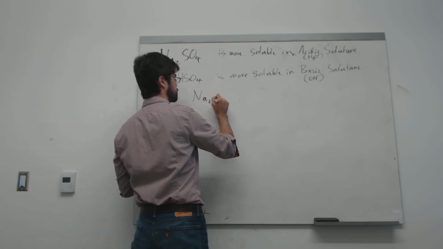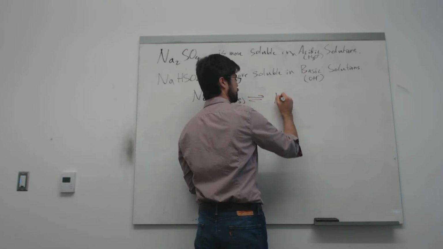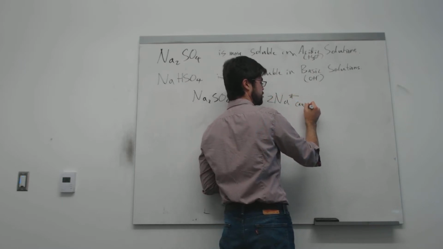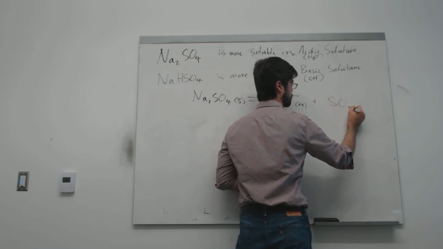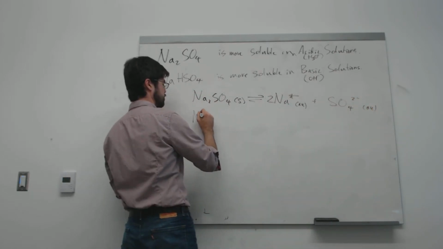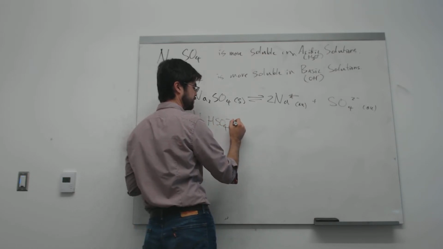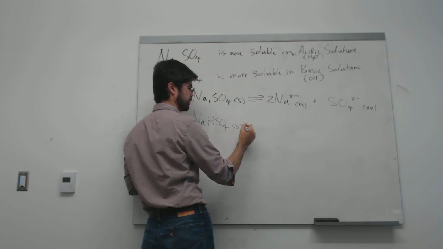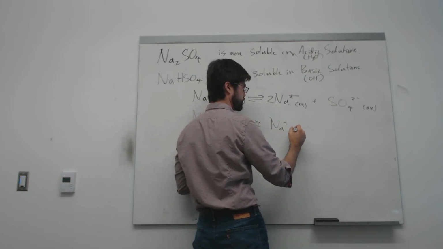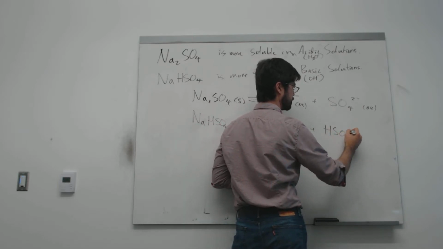I have sodium sulfate, Na2SO4, as a solid that dissociates into two sodium ions and a sulfate ion. And I also have the dissociation of sodium bisulfate. No, there's no negative sign there. So that's going to be sodium plus and bisulfate.